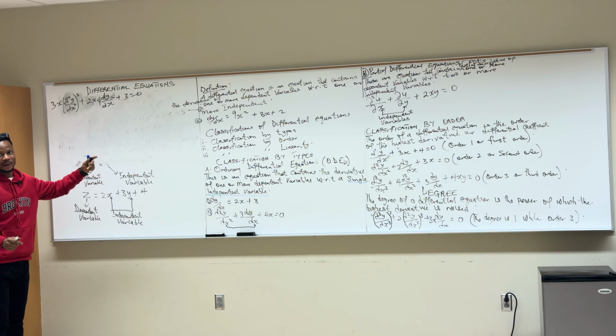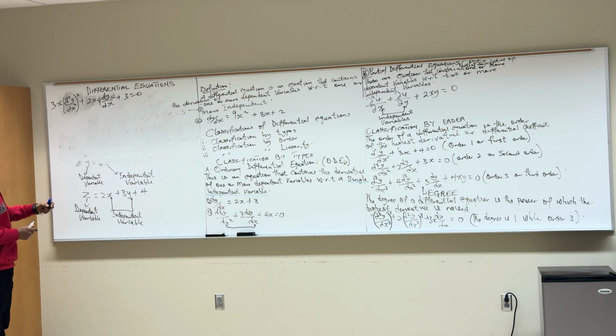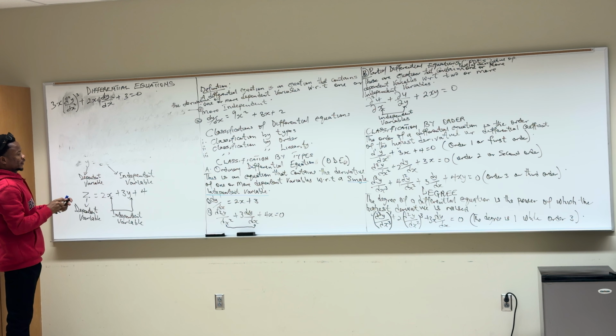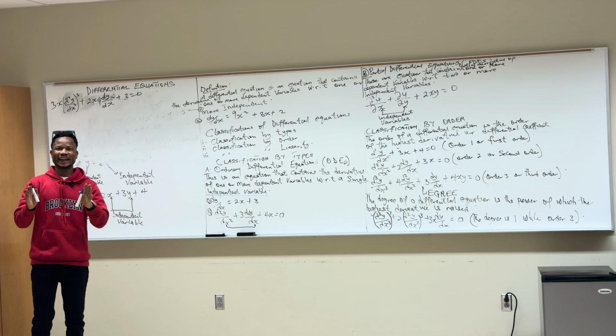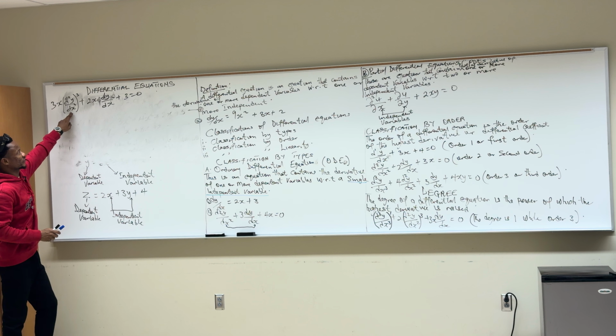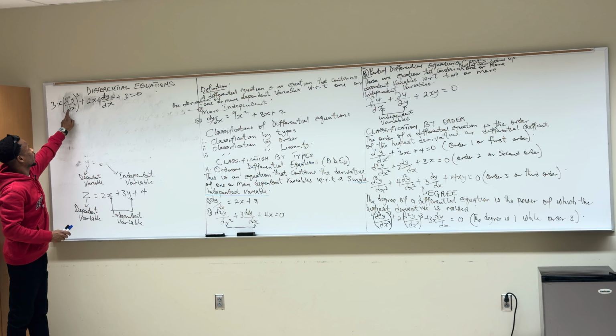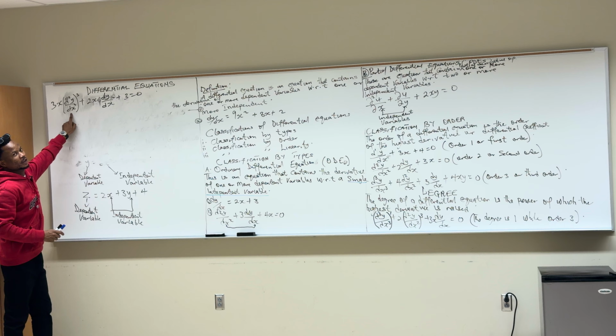So we have to determine the degree and the order of this particular equation. To determine the degree, you have to first of all identify the highest derivative. Here, this is the highest derivative. Then you have to look at the power. So the power of this highest derivative will be your degree.